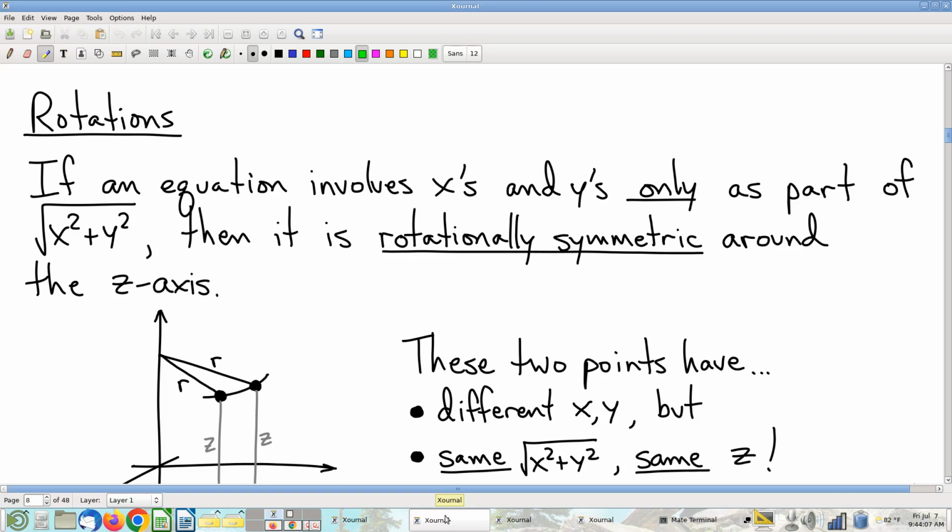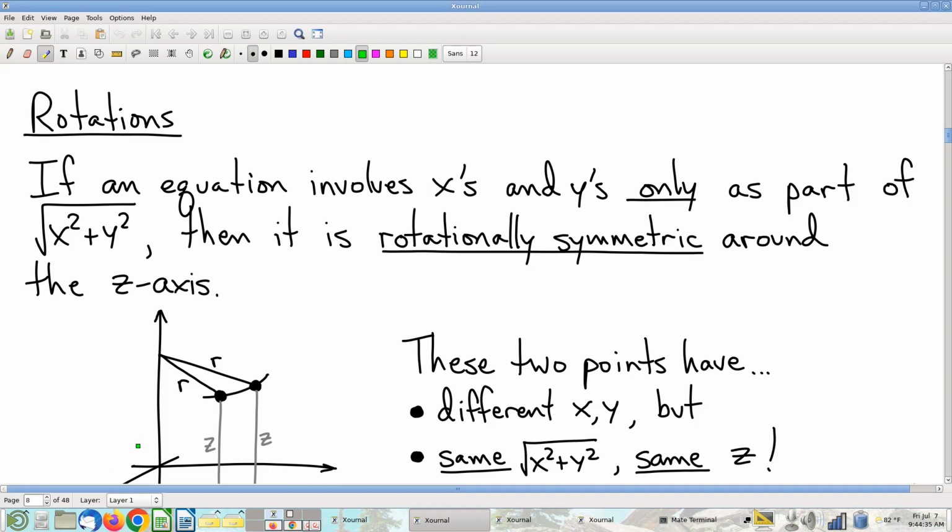Oh, and you can see where I am in the notes by looking way down here in the bottom left corner. I don't know if that's legible, but it says page 8 in the little readout at the bottom left. And if at any point you can't read that and you'd like to know where to get this exact page of notes, just raise your hand and ask what page we're on, and I can read it and tell you.